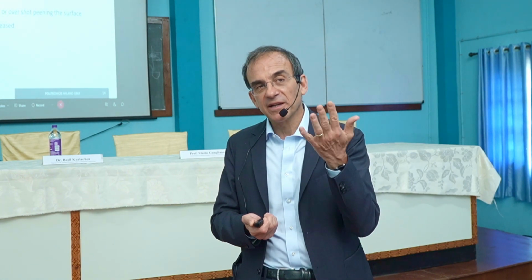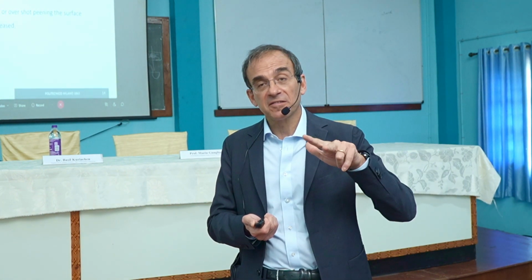What does it mean? We use a strain gauge rosette with three strain gauges, defined at 120 degrees each with respect to the other, around the point where we must measure the residual stresses. We drill a hole with a not very invasive drilling device, and then we measure the relaxed strain at these three strain gauges.